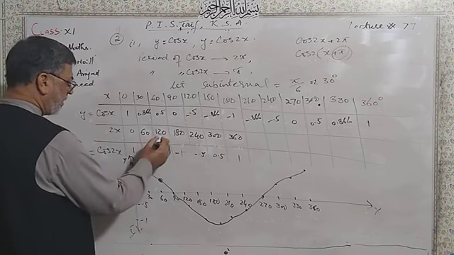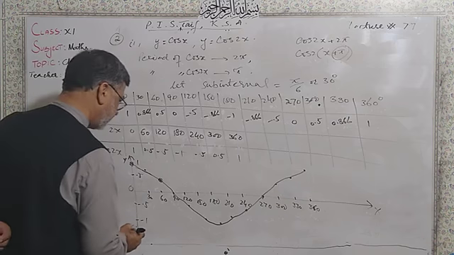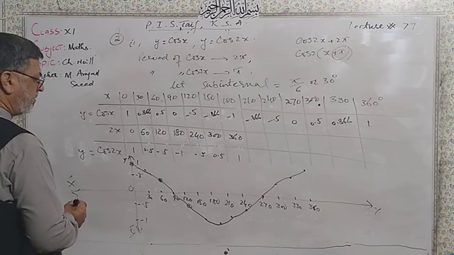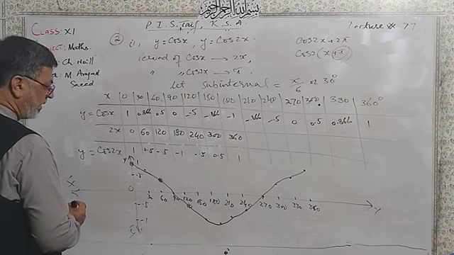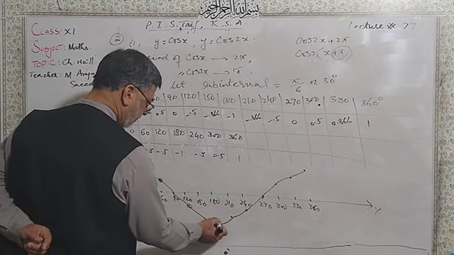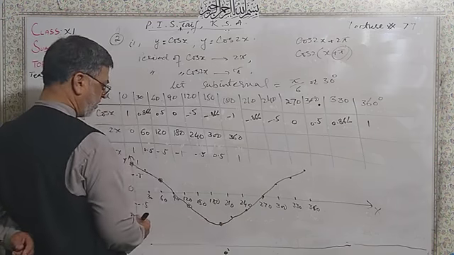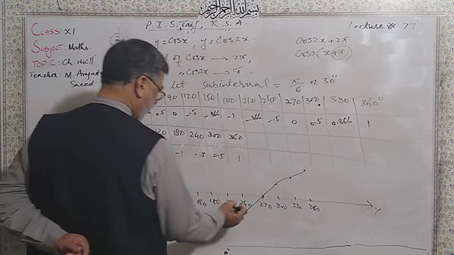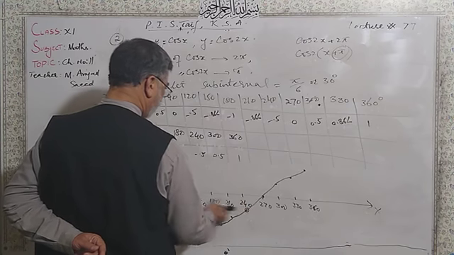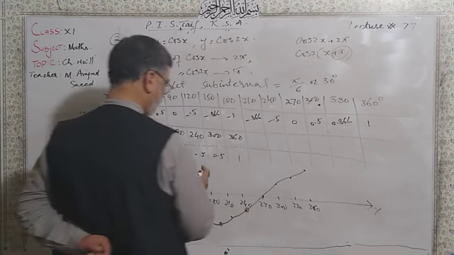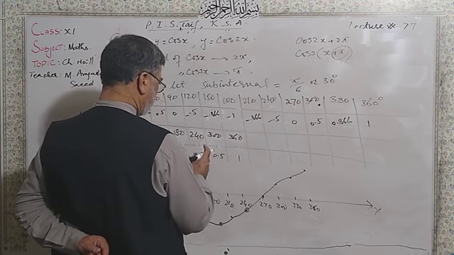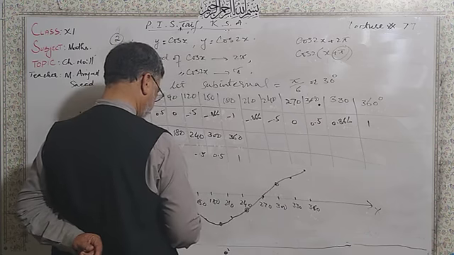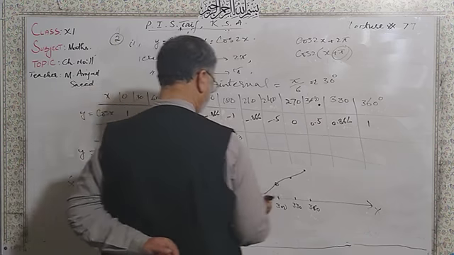After that, 120 and minus 0.5, and 180 is minus 1, and 240 is minus 0.5. This will be 300 is 0.5 and 360 is 1.